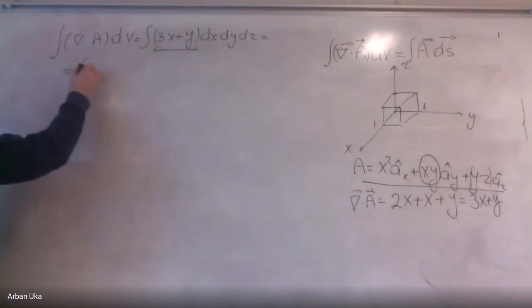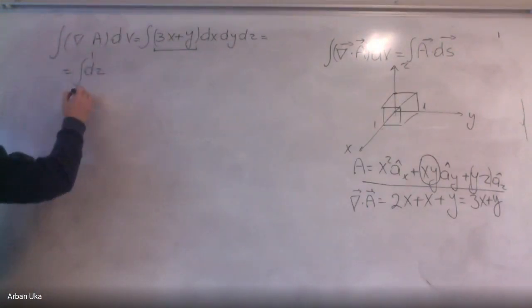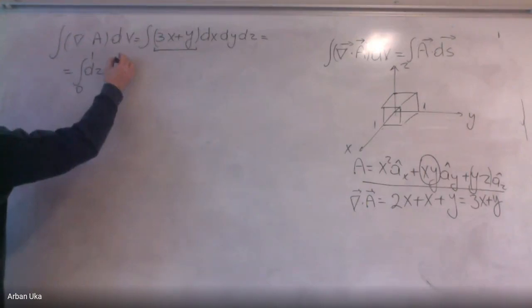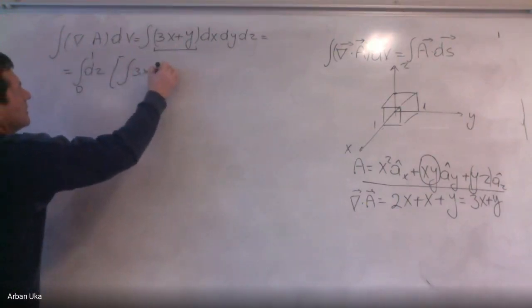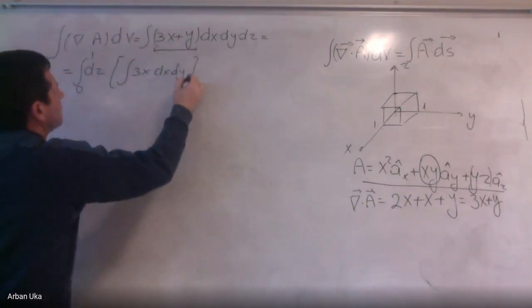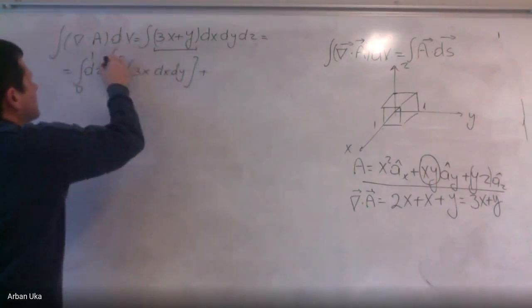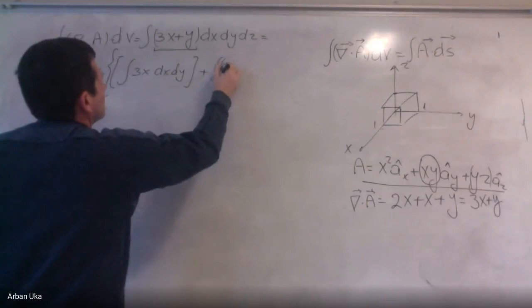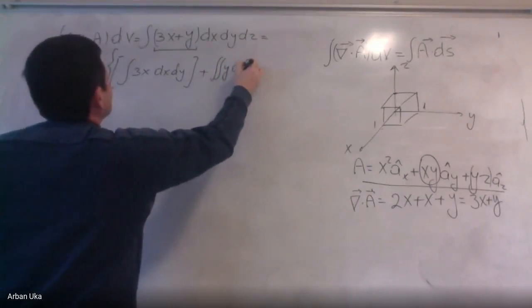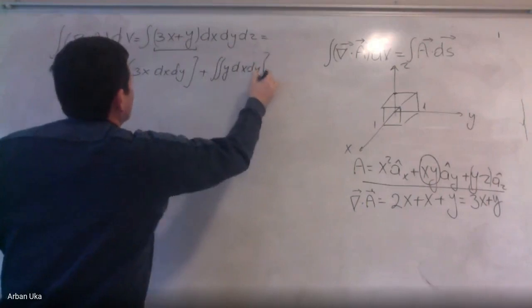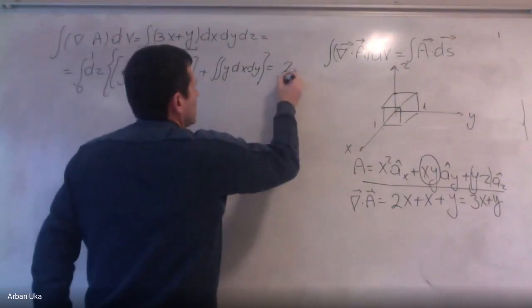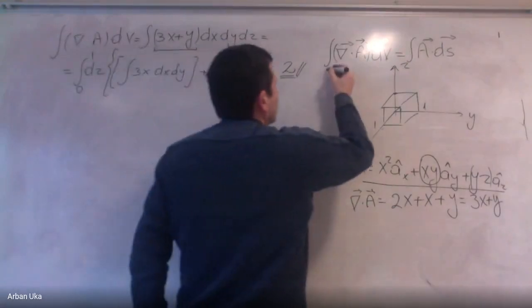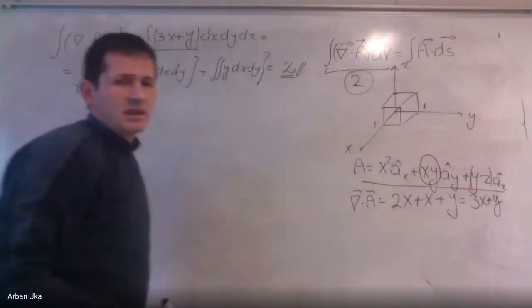So this means that we have to integrate dz from 0 to 1 times the integral of 3x dx dy plus y dx dy. Now, if you integrate these terms, it's going to be a relatively straightforward expression, but we get a 2, okay? So this is what we get from this side of the integral, okay?